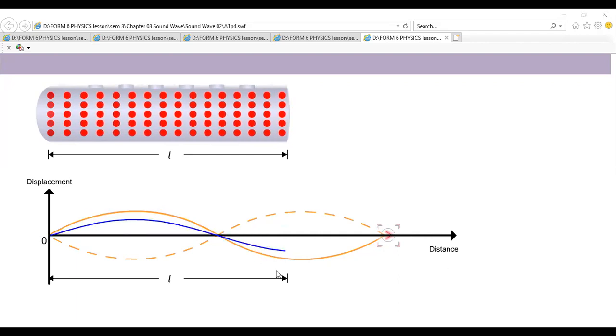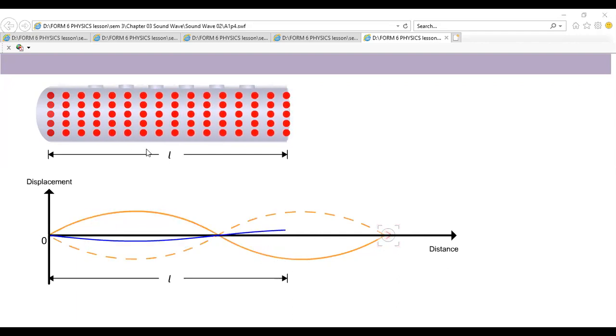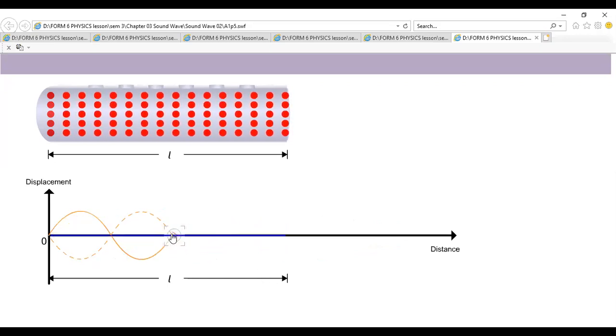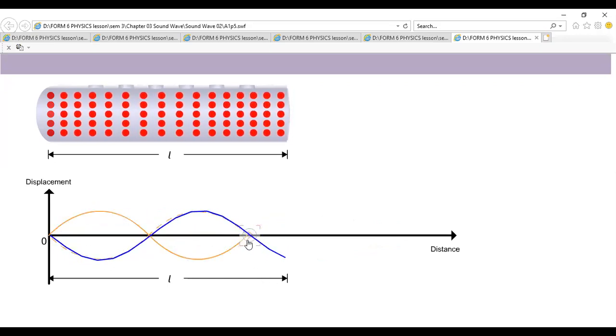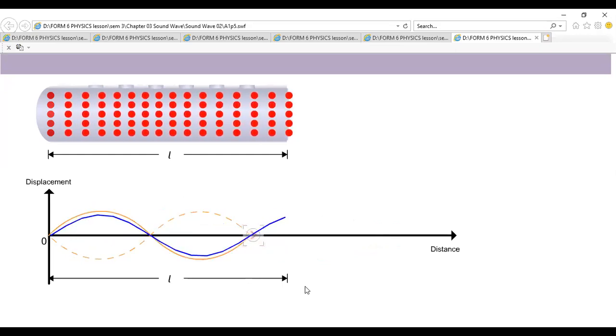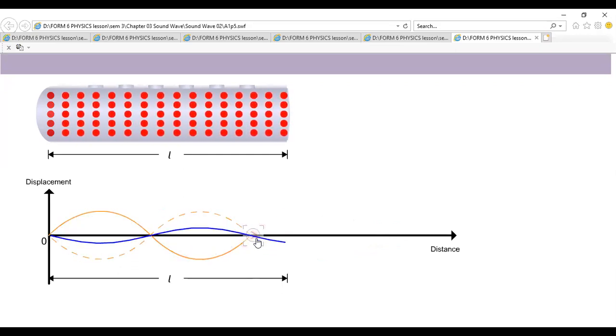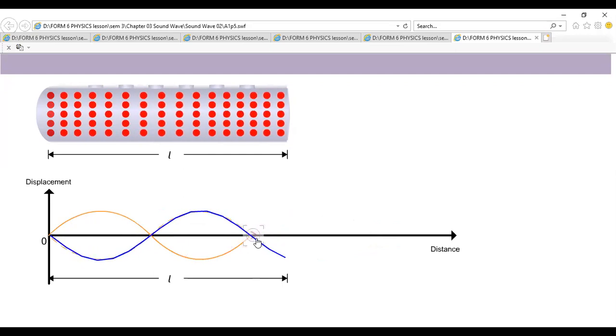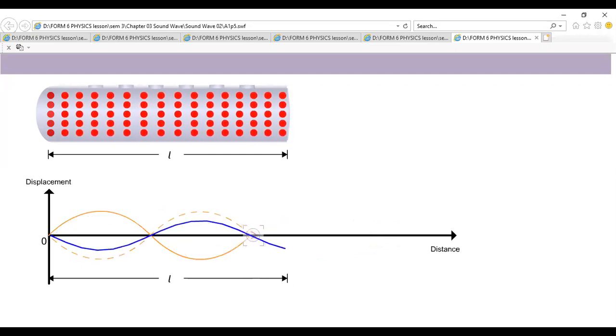For the next, we notice that there is the second overtone. Second overtone means that this will be the wavelength, and the relationship between L and the lambda is that the lambda is shorter than the length of the instrument.